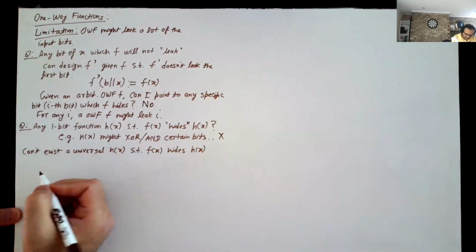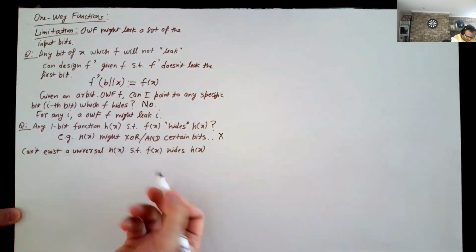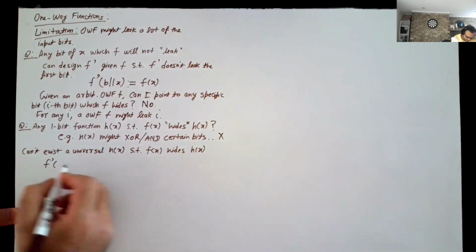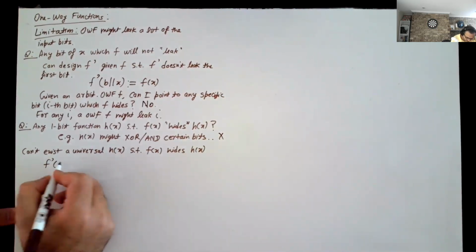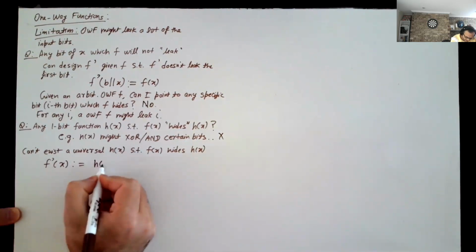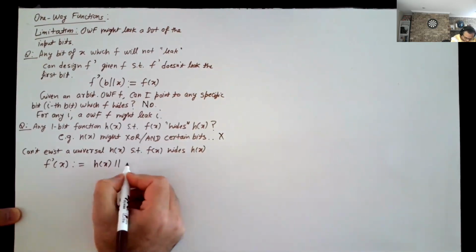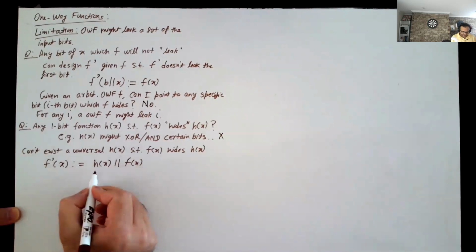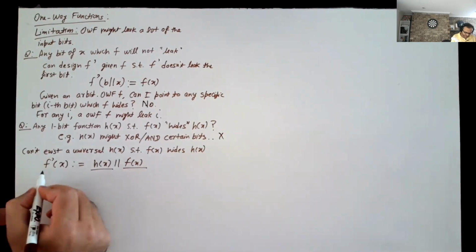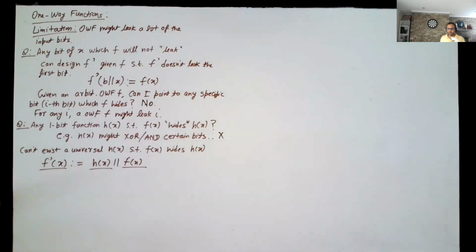The reason for this is, again, we can always construct another f prime of x such that f prime is just h of x concatenated with f of x, and this is just a single bit. So if f of x is a one-way function, then f prime is also a one-way function.